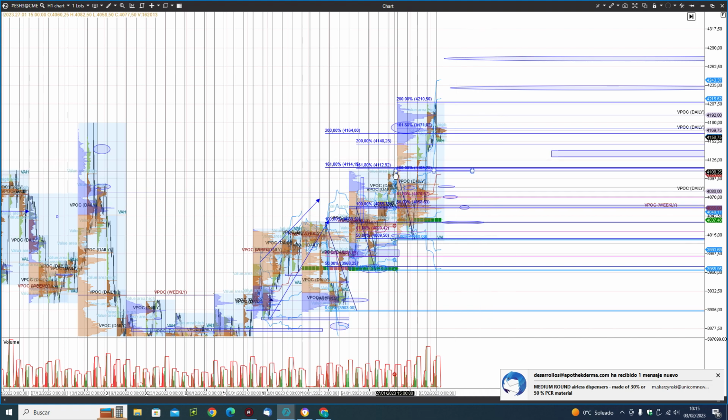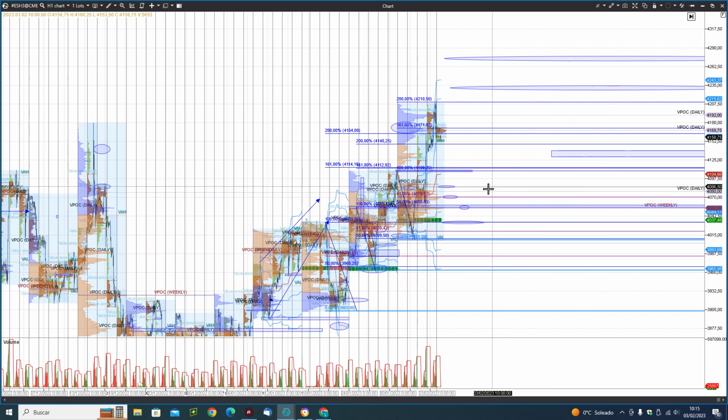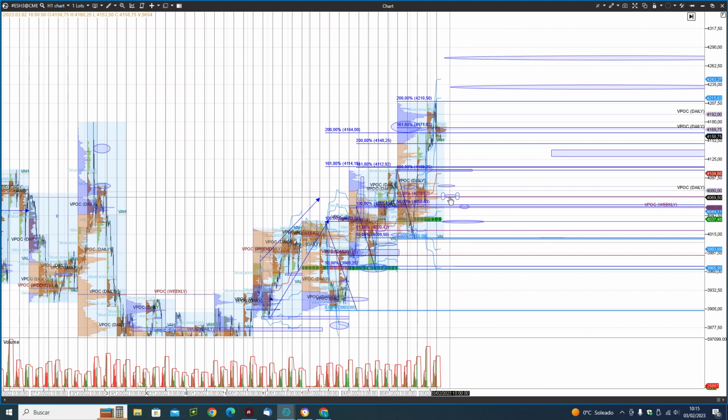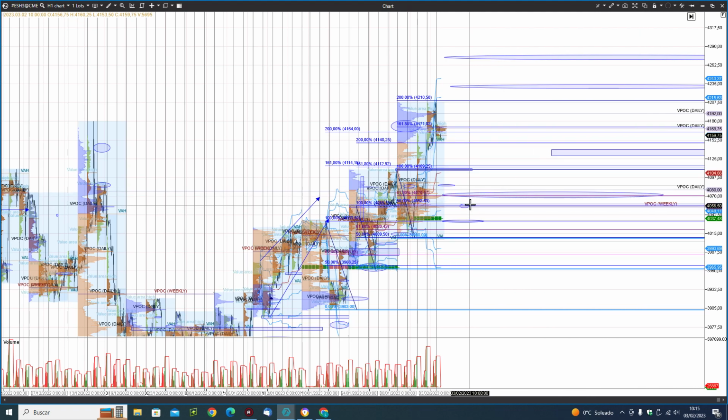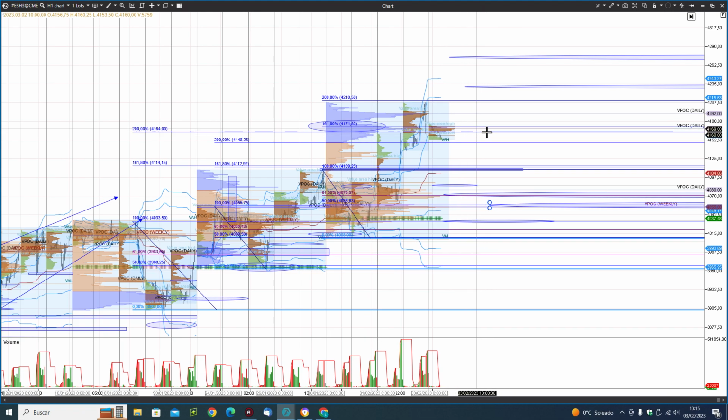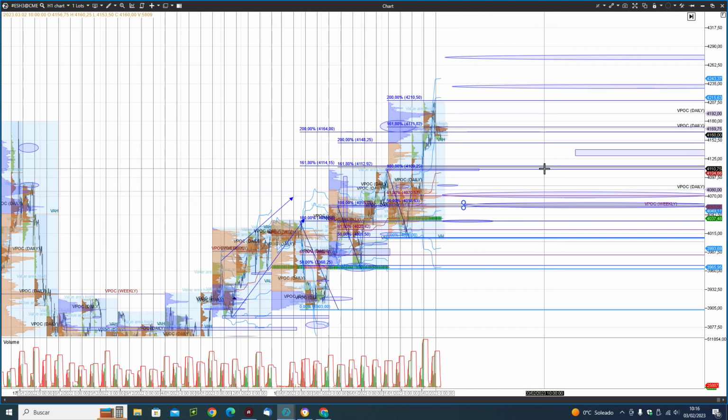Then this price action zone, 4,107, and the next dominant node would be here in this high volume node, 4,071, and this current weekly VPOC at 4,055. Let's see if the price goes down, and we can see these steps.